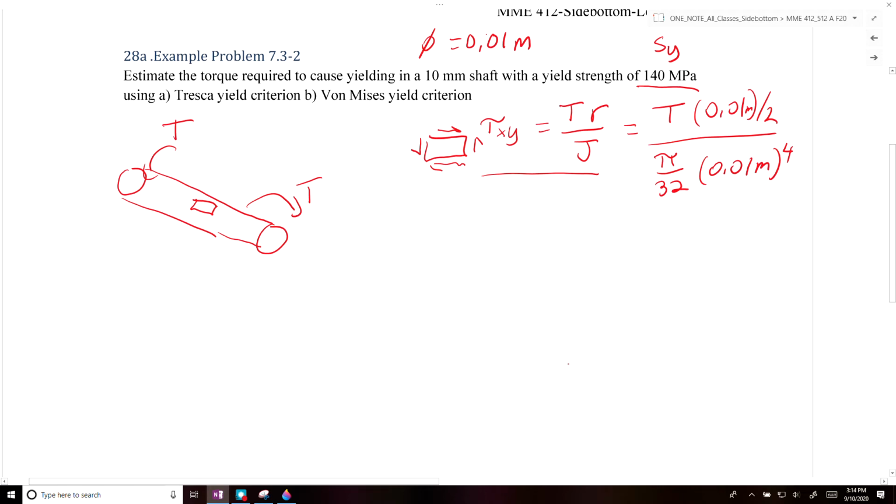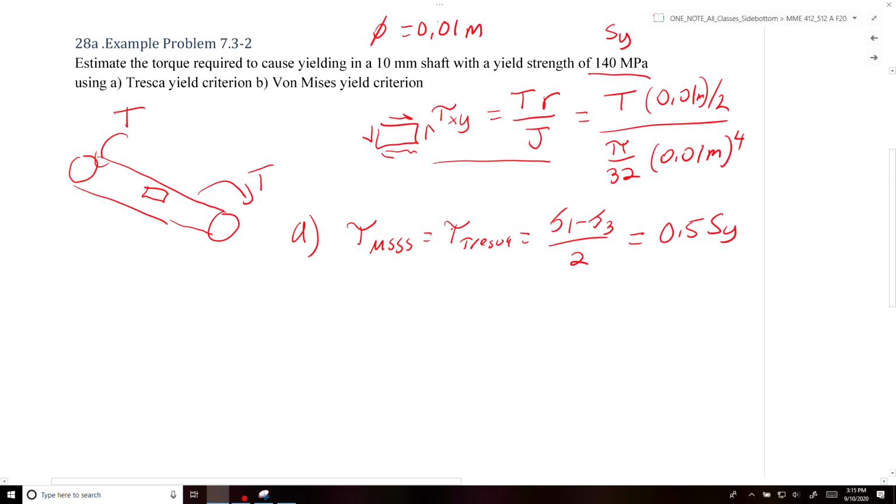So the first thing we're going to do is use our Tresca yield criteria to determine our allowed torque. The Tresca yield criteria states that the maximum shear stress, tau max, which is also tau Tresca, would be equal to sigma 1 minus sigma 3 over 2. That's going to be equal to half of our yield strength, which in this case would be 70 megapascals from the 140.